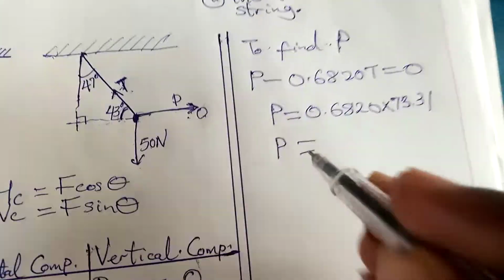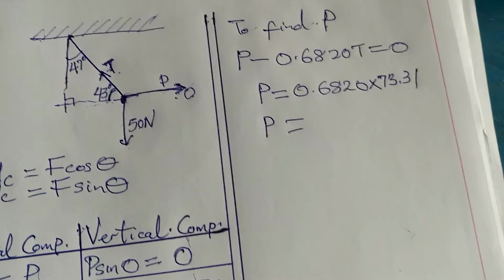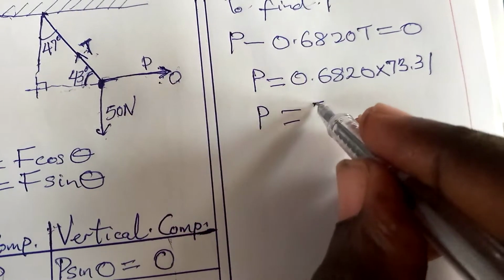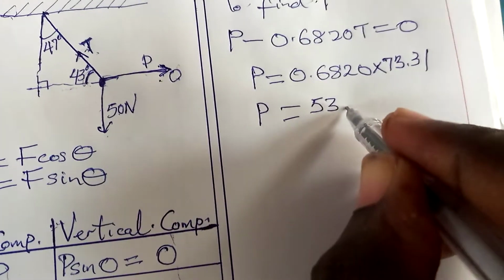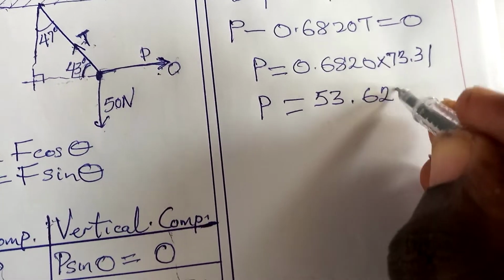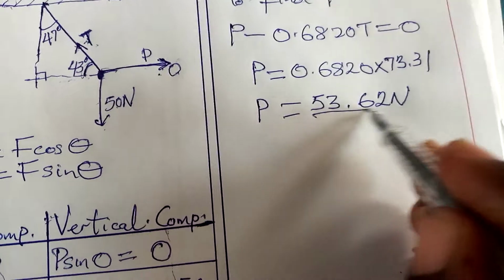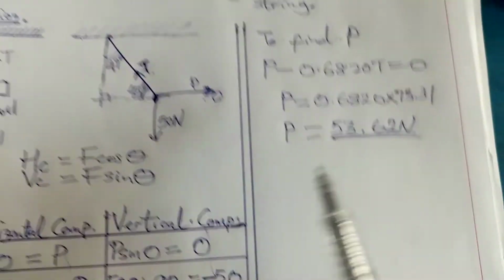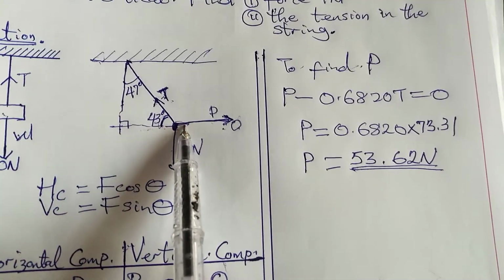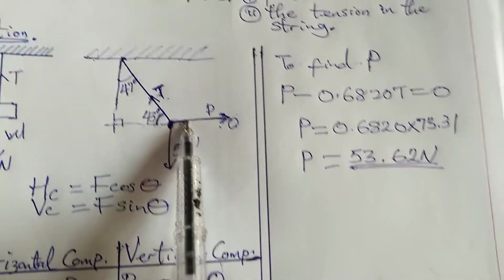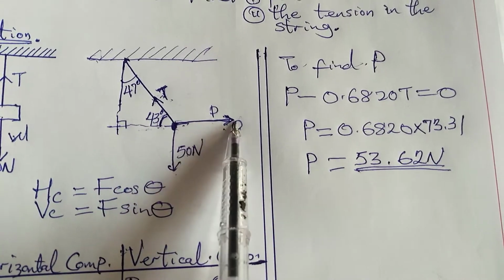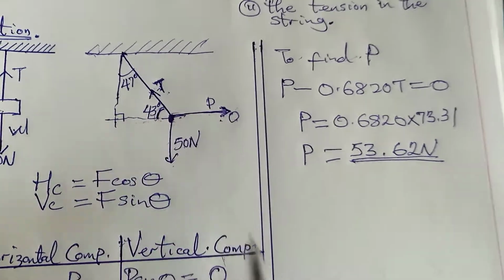And that one is going to give us 53.62 Newtons. And this is the horizontal force. That is the horizontal force used to pull the body along the horizontal.